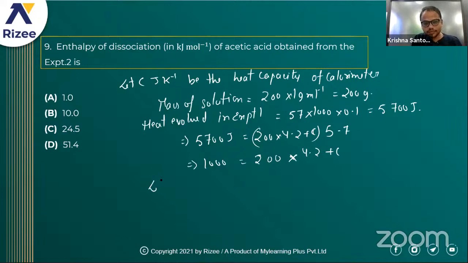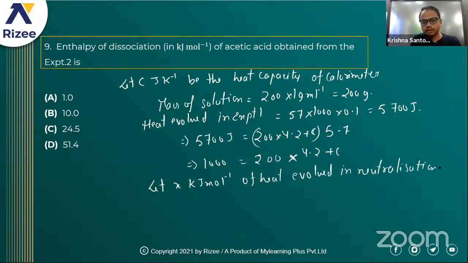Now let X kilojoules per mole be the heat evolved in neutralization of acetic acid.